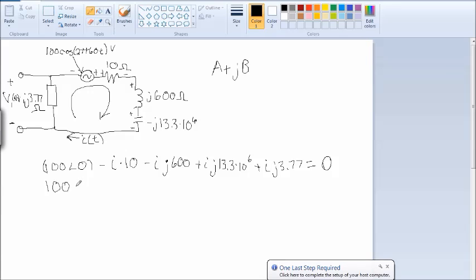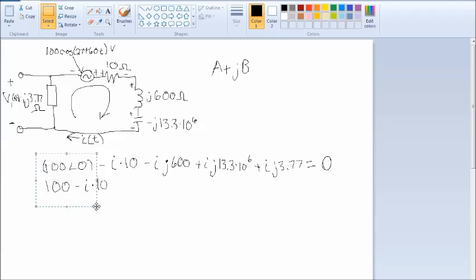Now I'm going to group everything together. All the real parts I'm going to put together, and all the imaginary parts I'm going to put together, which is already done for us here actually. So instead of rewriting all this out, I'm simply going to change what I already wrote and make that 100.